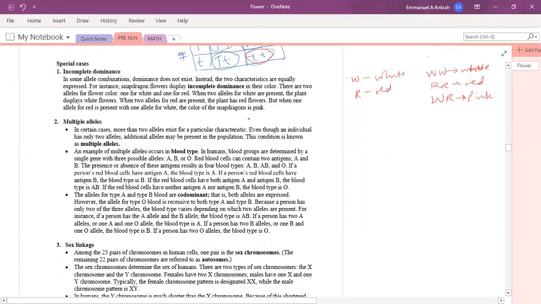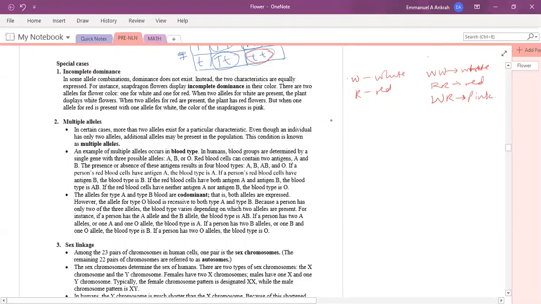So when I say incomplete dominance, it doesn't take on either of those characteristics if both genes are present. Okay. It's like a mixture of the two, a shade of color in between the two. Yeah. Incomplete dominance. If it's completely dominant, then one will show itself over the other.